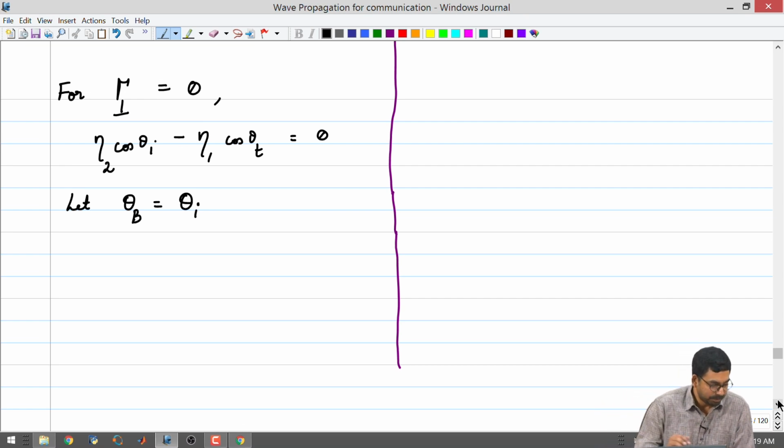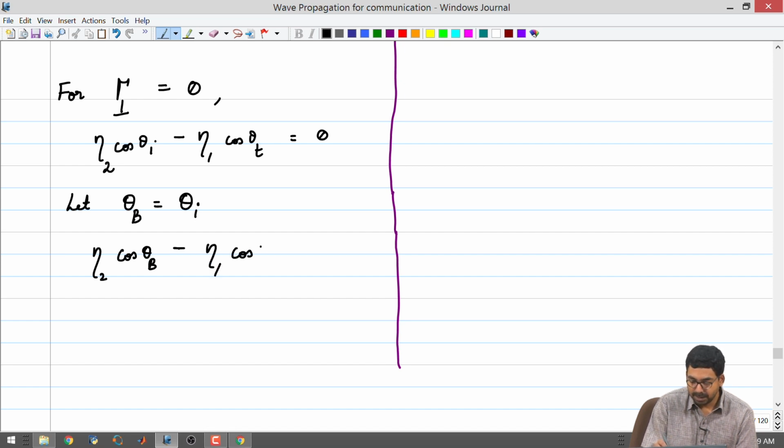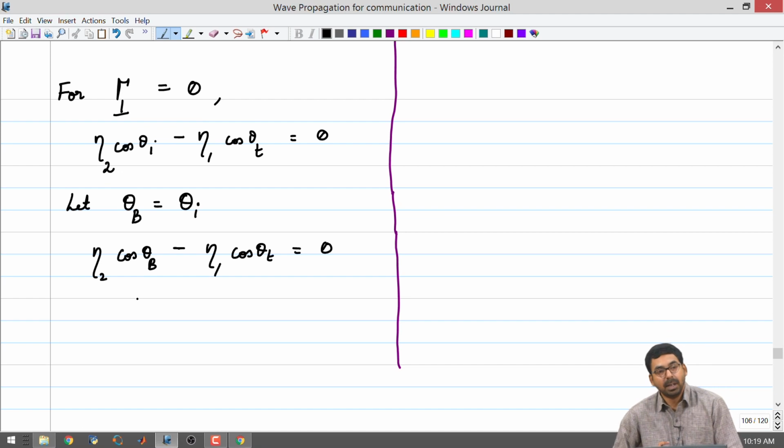Then we can rewrite this equation as eta 2 cos theta b minus eta 1 cos theta t is equal to 0. So, directly we can say that cos theta b is equal to eta 1 divided by eta 2 times cos theta t, or theta b is going to be the cos inverse of this.